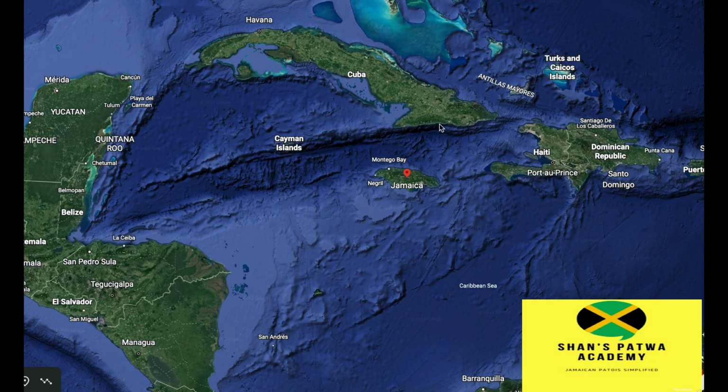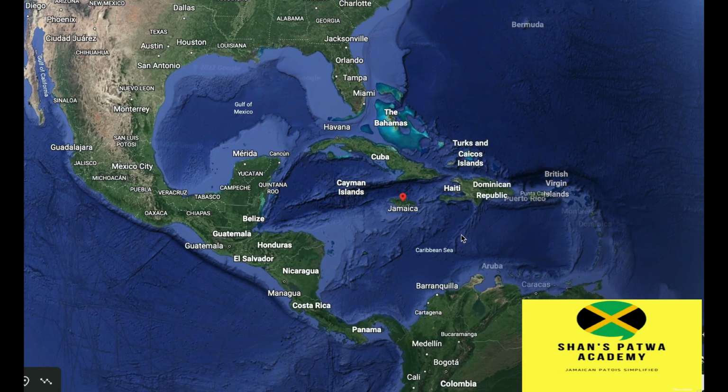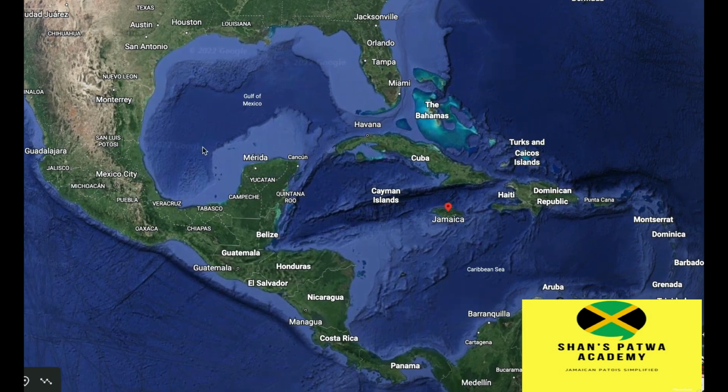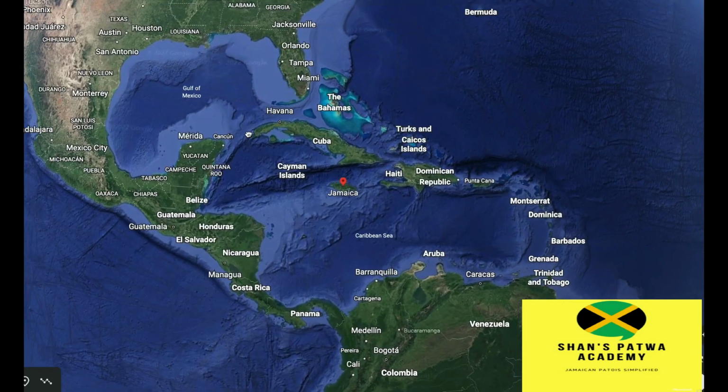Now, if we zoom in again, you'll notice that the closest neighbor to Jamaica is Cuba. So if you're familiar with Cuba, but you don't know where Jamaica is, you can always remember that it's close to Cuba. This is Jamaica right here, and this is Cuba. But if you look around it, you'll notice that the United States is right here.